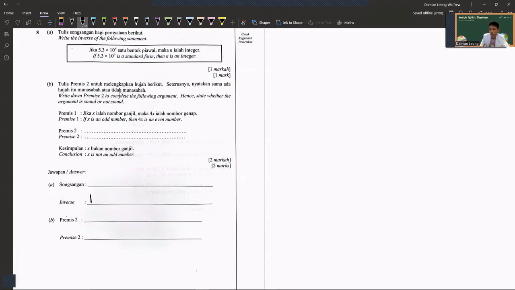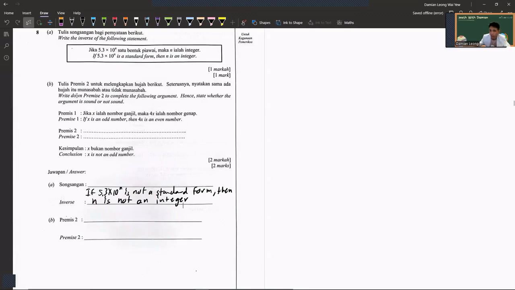So if 5.3 times 10 to the power n is not a standard form, then n is not an integer. Okay, that would be the inverse.